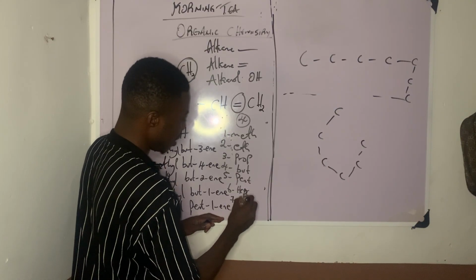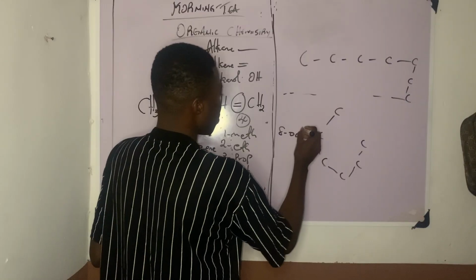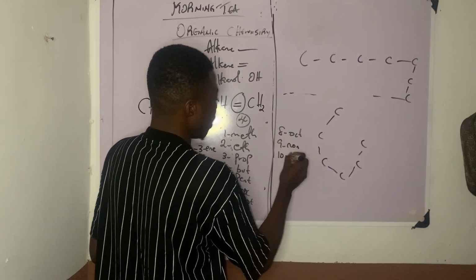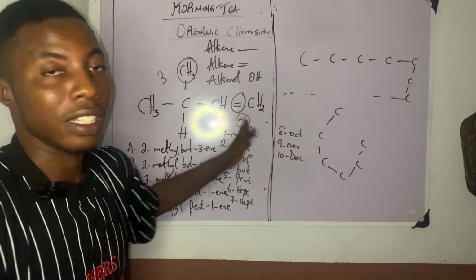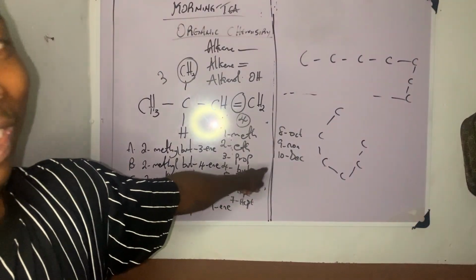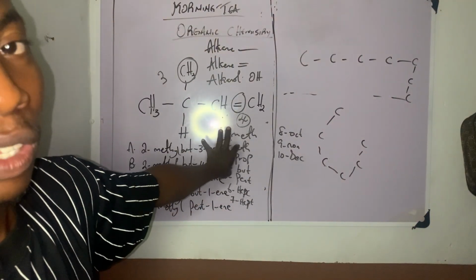The seventh is Hept. The eighth is Oct. The ninth is Non. And the tenth is Dec. Now, these are the names of the firstborn, secondborn, to the last born. So this 10 is not the last one. We still have many, but this is where we're going to stop.